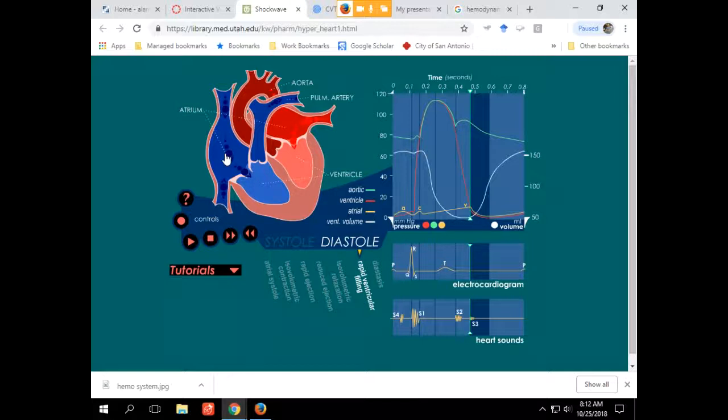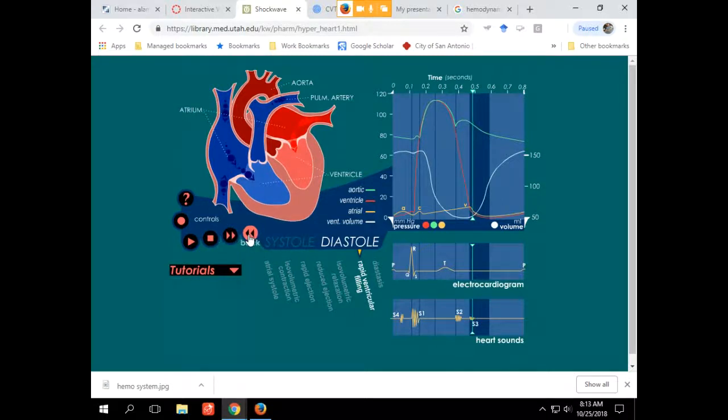So the ventricles have just squeezed and they're starting to relax. All of a sudden, right atrial pressure exceeds left ventricular pressure and opens up these valves.